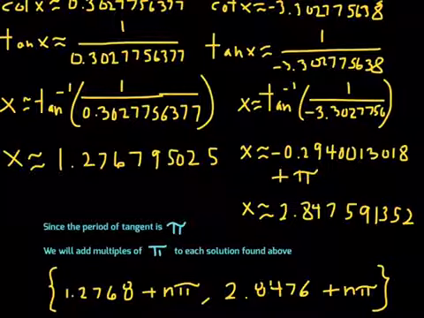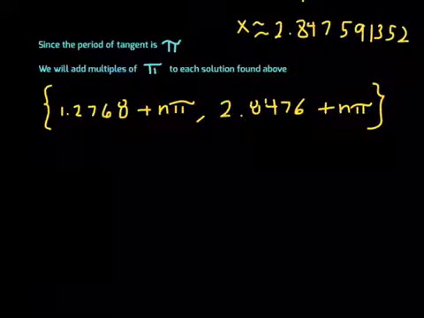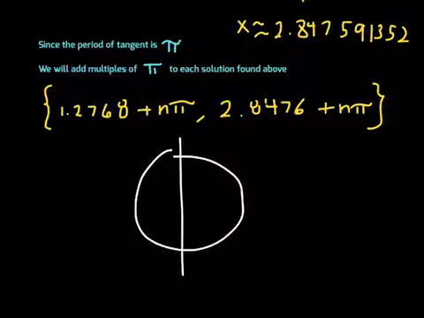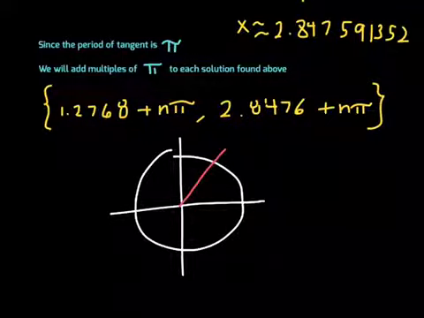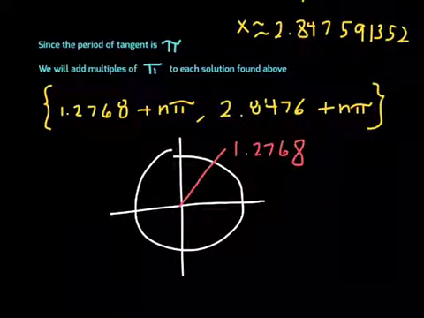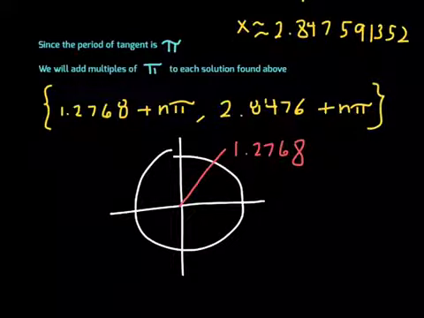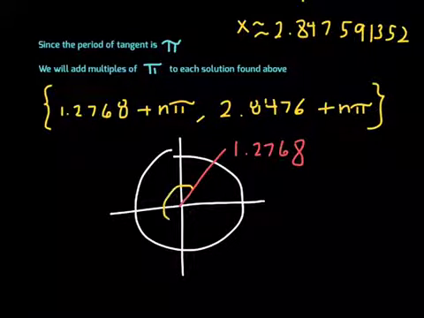If a picture helps, I don't mind drawing a picture really quickly, although of course they didn't ask us to draw a picture, but I know that many times a picture helps, especially if you're a visual learner. Sorry for my crooked unit circle there. So we have an answer here in quadrant 1, which is the 1.2768, right? And so when we add pi, we have a solution over here.